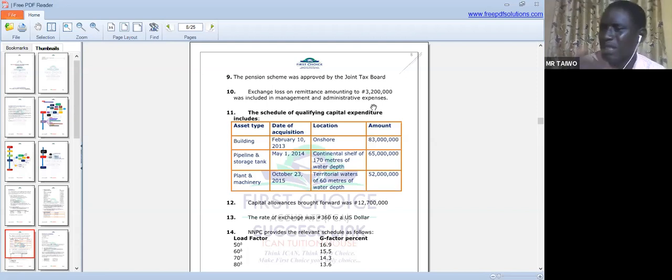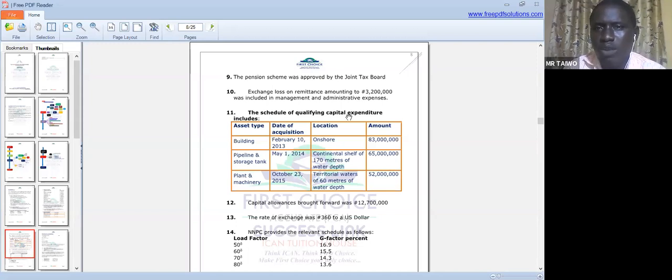Whether they permit it or not will determine whether you allow it. But if you allow it, tell the examiner why: because this company is also dealing with exchange of dollars and so on. Therefore, we can allow it. The liability will be at the concession of the tax authority. So please know that. Now we see the way they treat it when I get there.